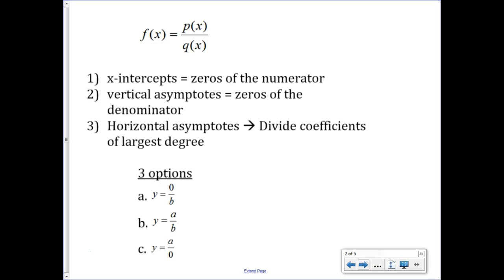Y equals 0 divided by b, we're going to get a horizontal asymptote of y equals 0. We have y equals a divided by b, we get y equals a number. If we have y equals a divided by 0, it's no horizontal asymptote.